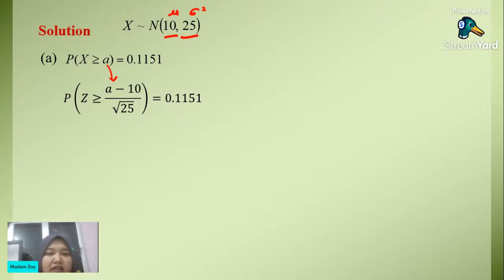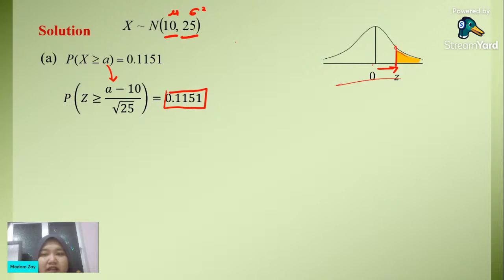So what do we get from the table? We can see that this Z value is on the right side of 0. Why? Because we have Z more than, so we want to take the right side of Z, and this value is less than 0.5.